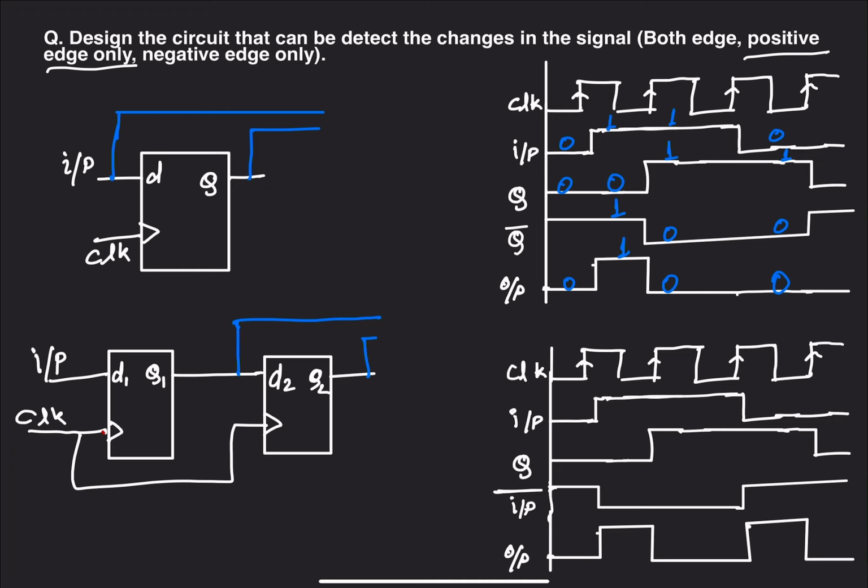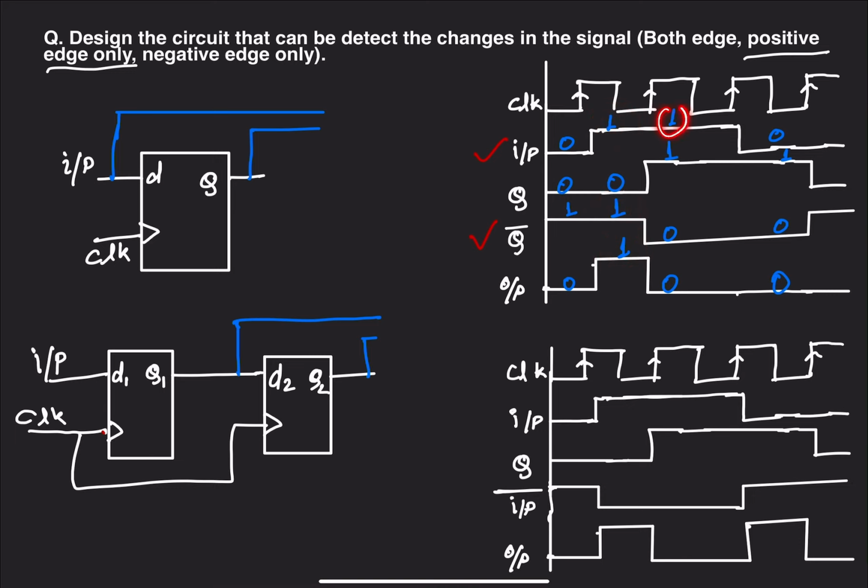So if you consider these two, input and Q bar, we can see that when input is 0 and Q bar is 1, output is 0, and when input is 1 and Q bar is 1, output is 1.